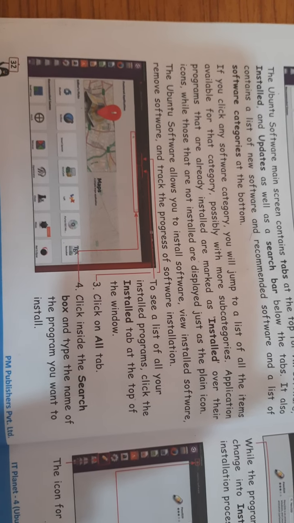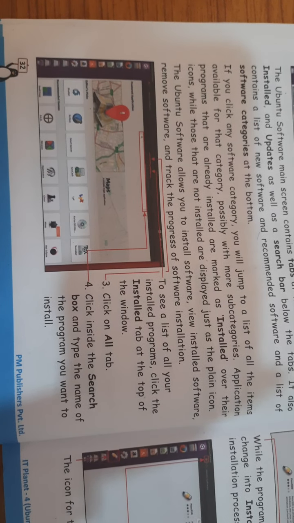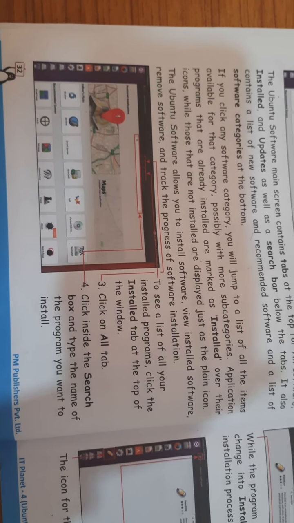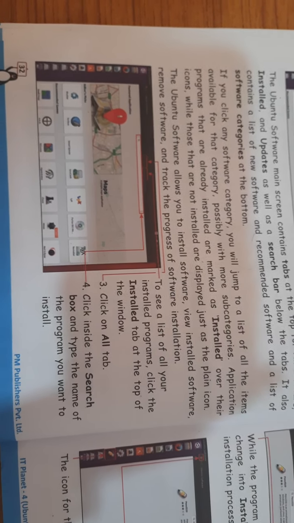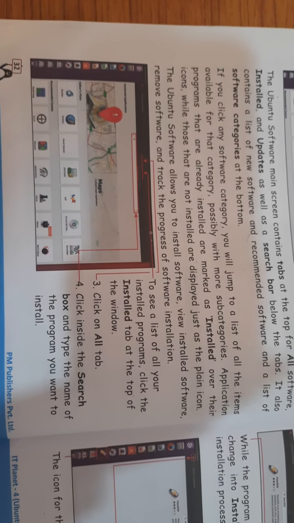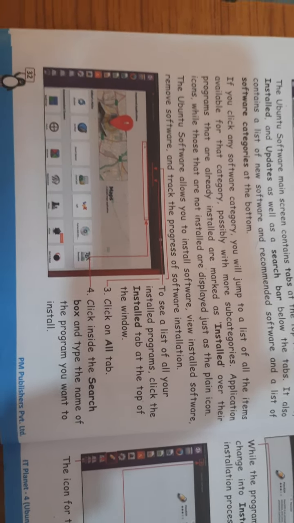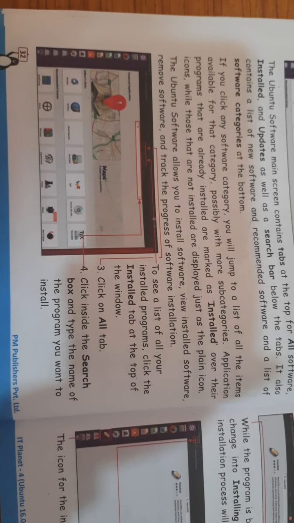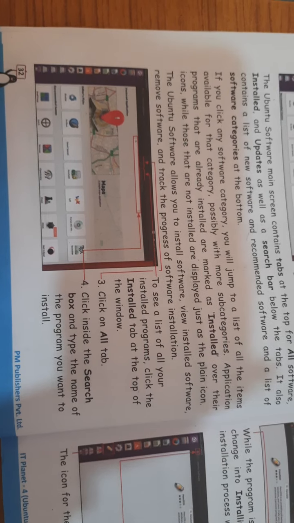You can see what all installed softwares are there. You can remove the software from the computer which you don't want, or you can track the progress. Track the progress means how much percentage is done. Software installation, how much is done.